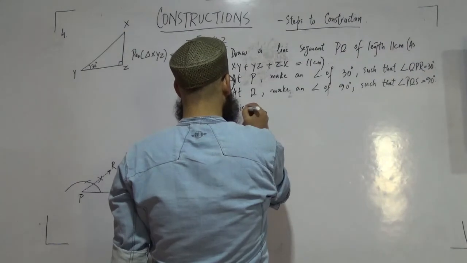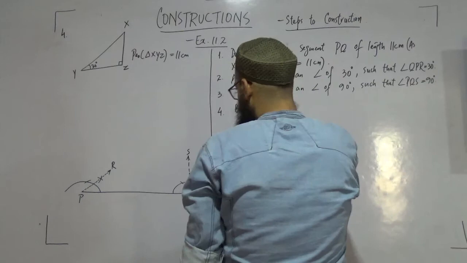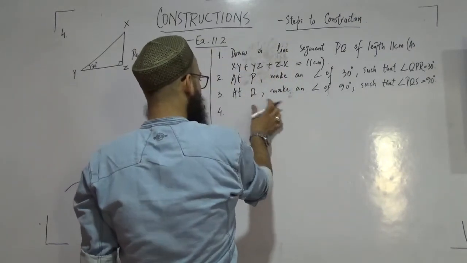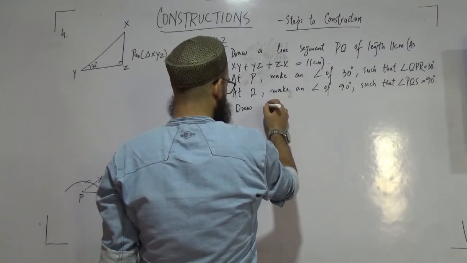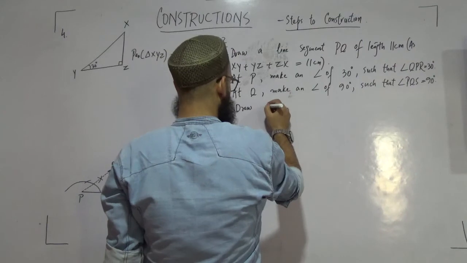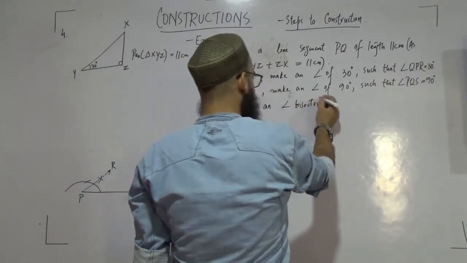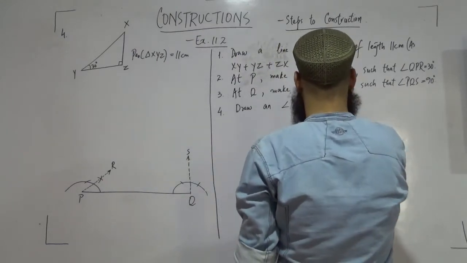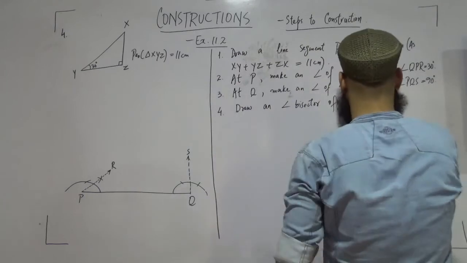Bisect, or you can write like this, draw an angle bisector of angle QPR.